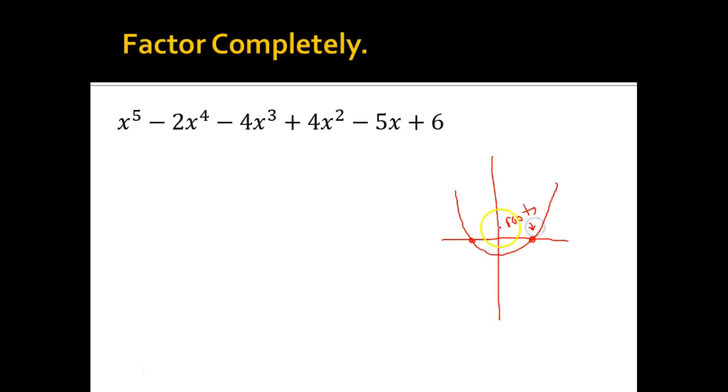And if there's two of them, then it's an x squared function. And the roots, we'll call them root 1 and root 2, relate to the factors of the equation that gave us this graph. In this way, the factors are x minus root 1 times x minus root 2.